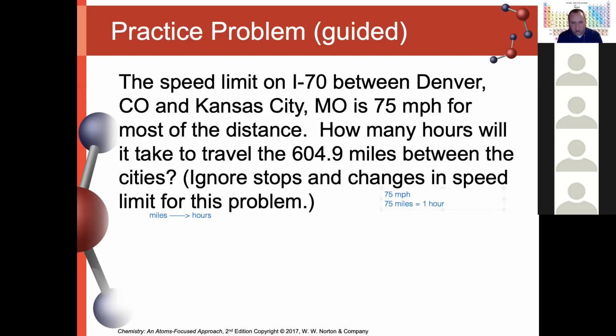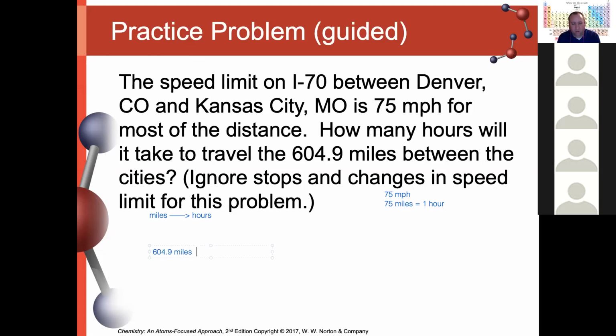If that is the case, then we can set up our conversion problem where we've got our distance, 604.9 miles.